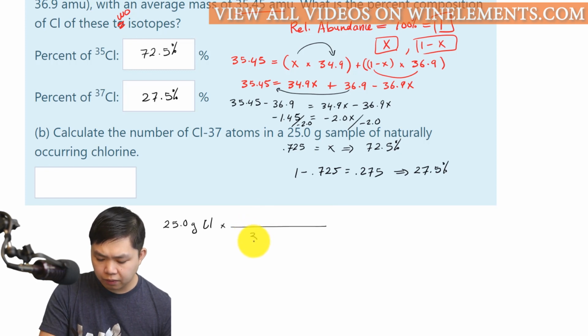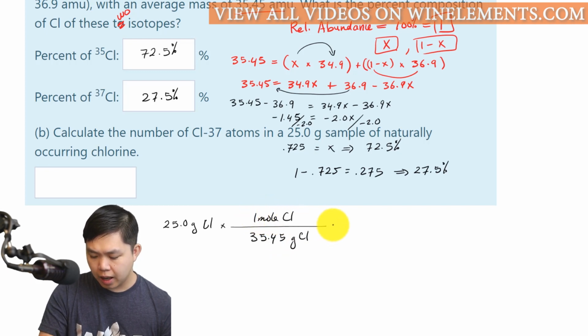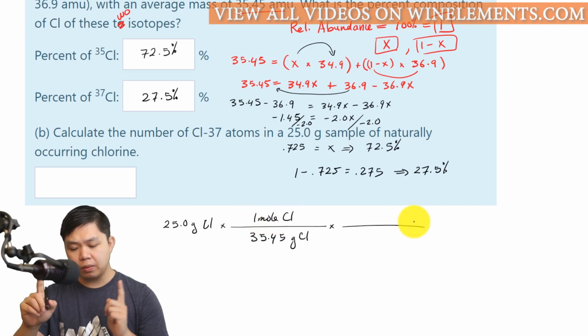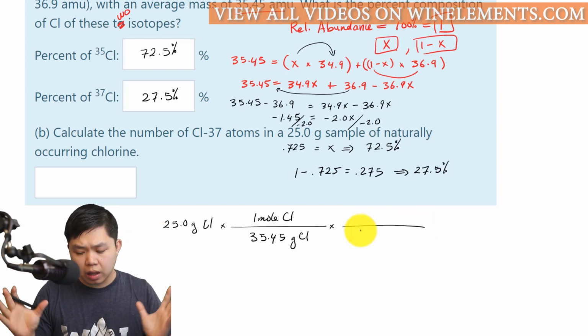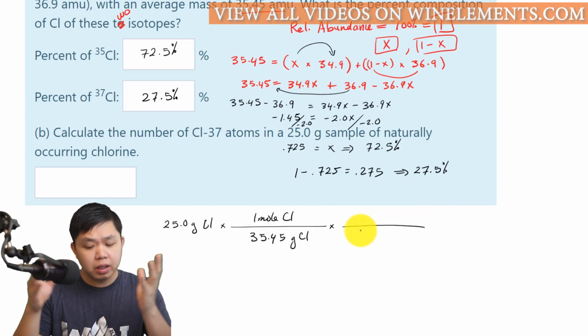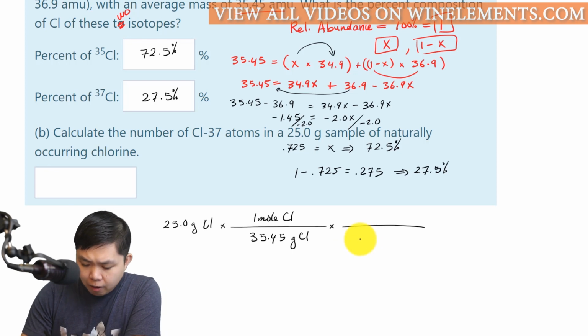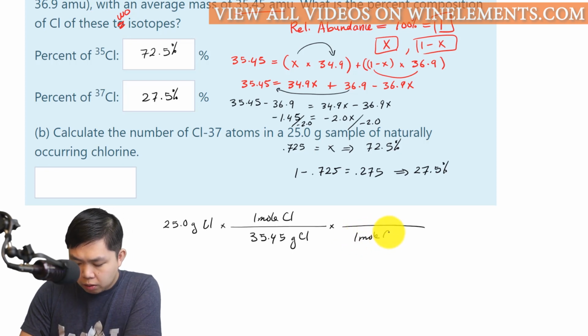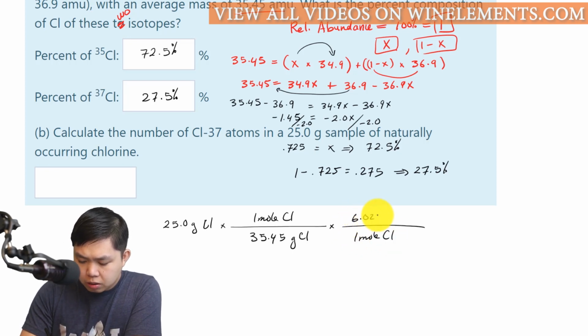So we have 35.45 grams of chlorine, and that is 1 mole of chlorine. And now once we get moles, we can convert to atoms of chlorine. These are all the chlorine atoms, okay? All the different types of isotopes. And now we have 1 mole of chlorine, 6.02 times 10 to the 23rd atoms of chlorine.